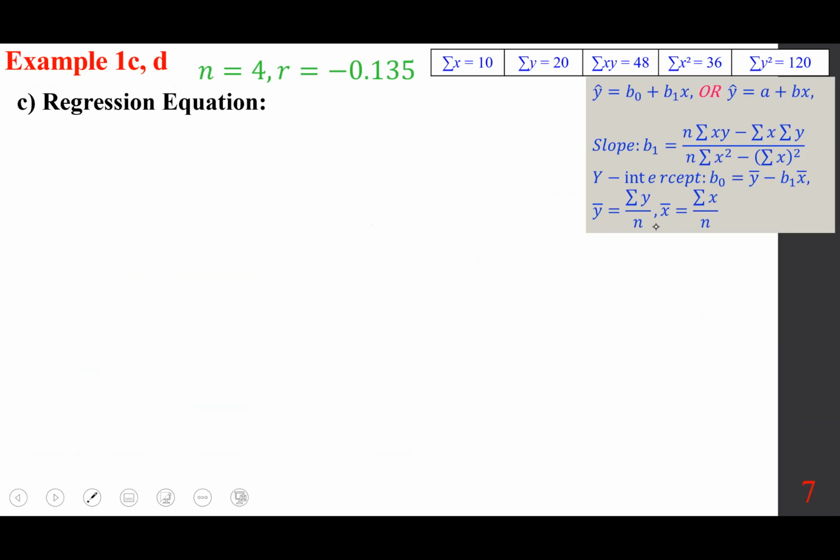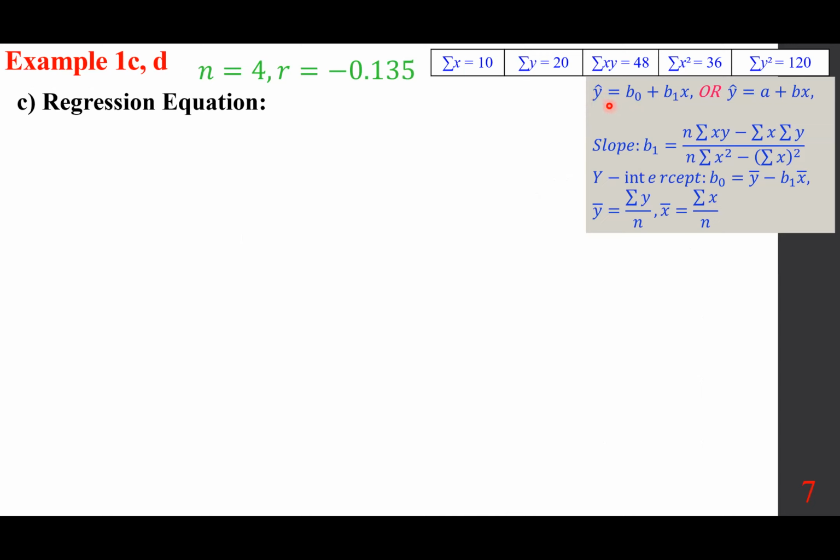Let's continue. We want to find the regression equation. Again, all of this is done by technology, but I want to show you how it's done by hand. When we say regression equation, we are going to the basic algebra of y equals mx plus b, and m is the slope, as you recall.